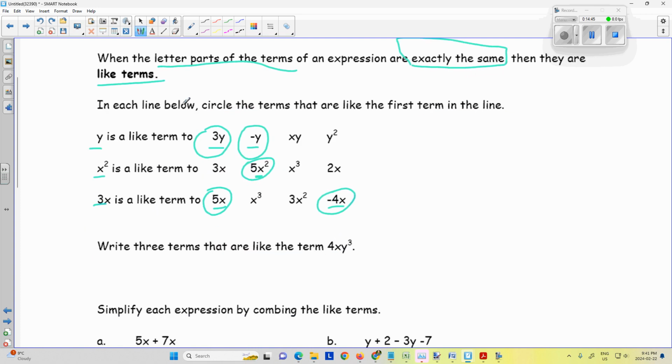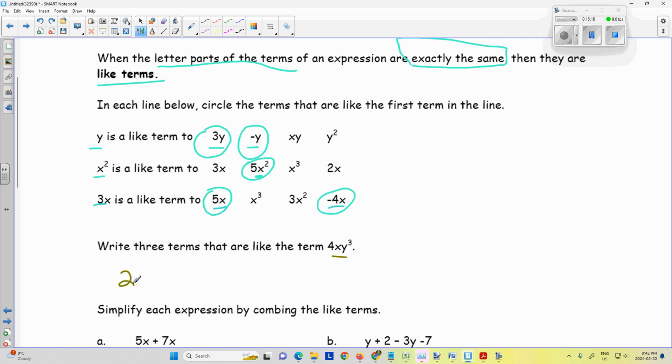This next question, just write a couple of different examples. I'll do 2 examples for us. So the letter part needs to be the same. Well, there's an infinite number of terms that would have the same letter part.